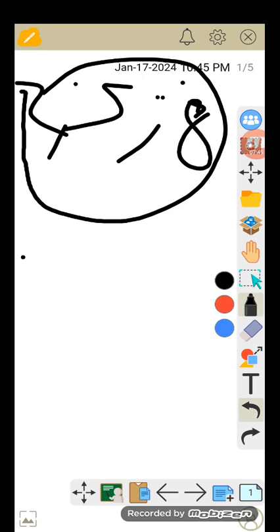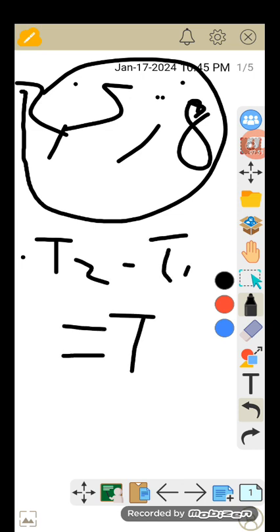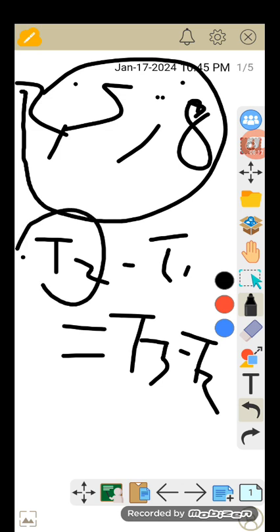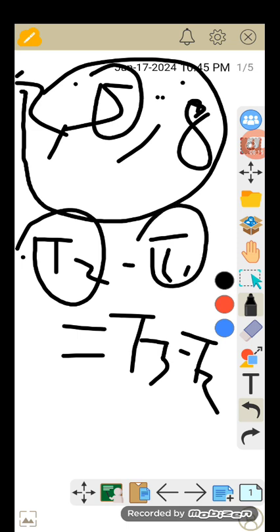If I prove that my sequence is an arithmetic sequence, it means I must show that T2 minus T1 is equal to T3 minus T2. Like this, guys. Here I'm going to sub my second term, which is 5. Here I'm going to sub my first term, which is 2.